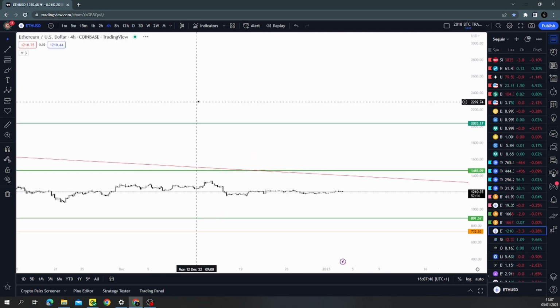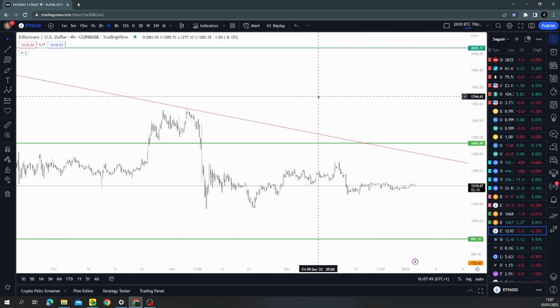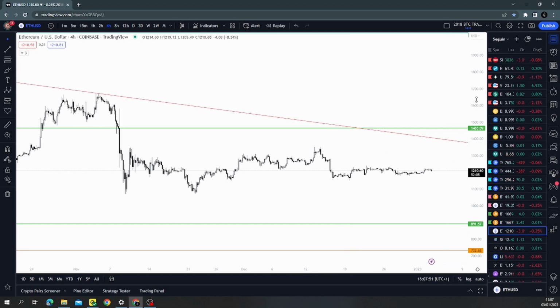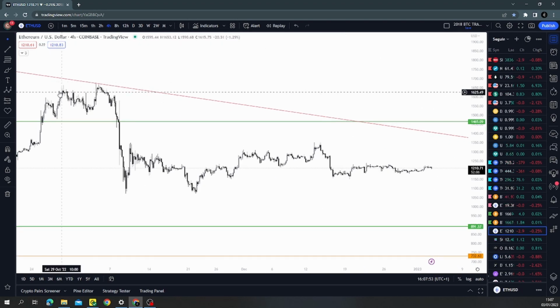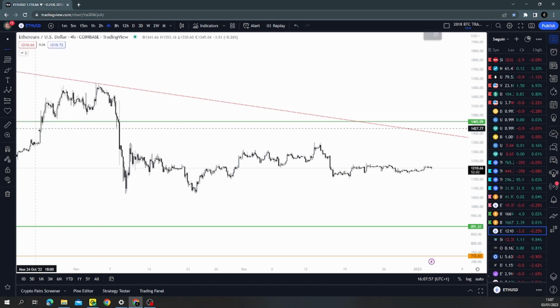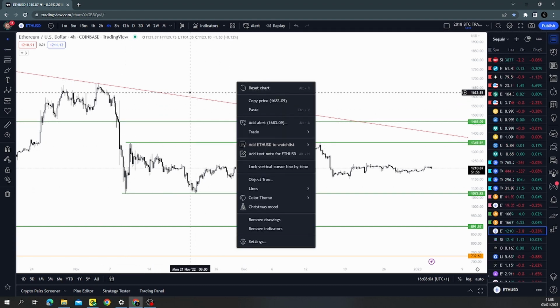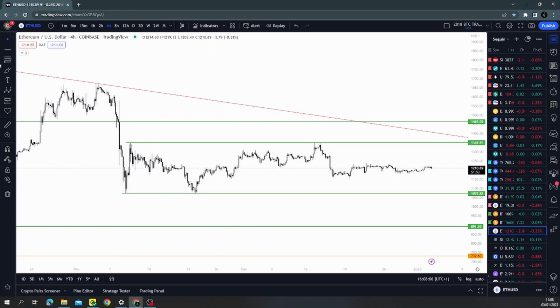We go to the 4 hours, and we can see that we are in a range again. We're going to mark the range, swing high and swing low. Okay, middle of the range.